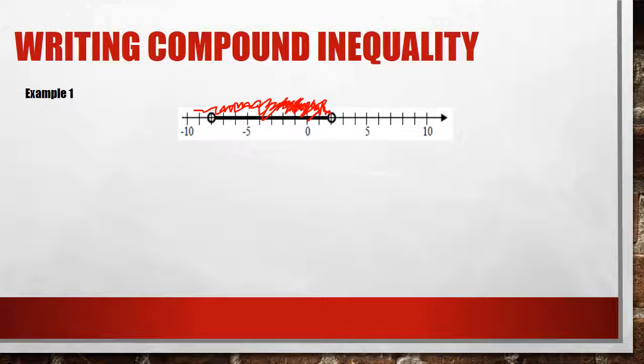So to write this inequality, I have to break it into two parts. The first part is where I write down the values that are less than 2. And the second part is to identify the values that are greater than -8. But at the same time, the values in this compound inequality have to satisfy both inequalities.